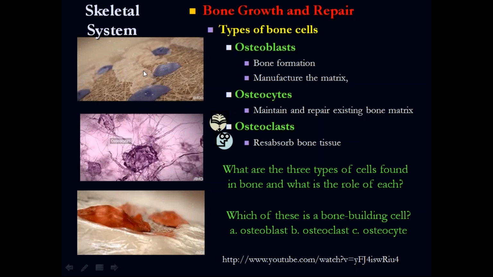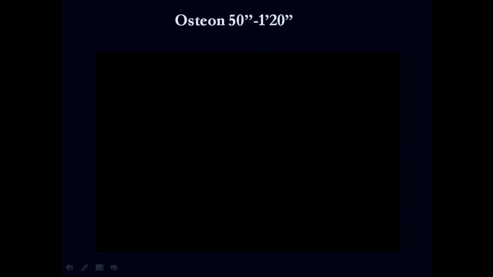It's not solid yet. These cells are going to keep moving over the cartilage, leaving this osteoid material, and then there is a moment when there is no space to move anymore because they are surrounded by this material, and they stay in place.